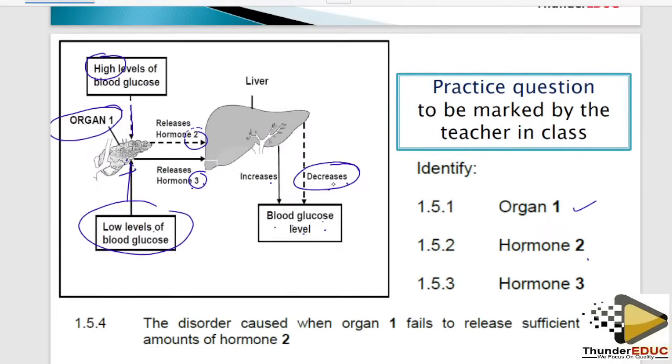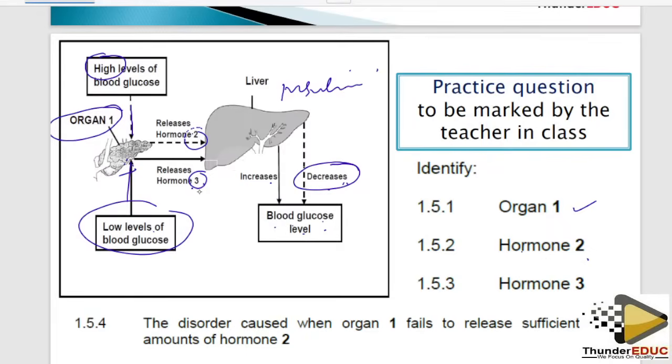Why am I comparing this? Because this is dotted, it comes like that, meaning that now the blood glucose goes back to normal. So if there is a high level of glucose, we need a hormone which is going to make it decrease. So which hormone is that? It is insulin. Meaning that hormone 2 is insulin.